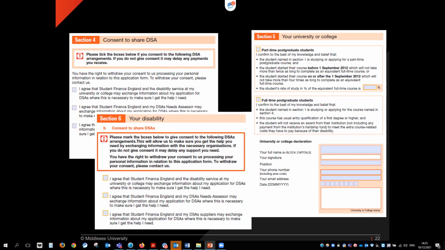They'll get confused, because the process is quite lengthy and confusing itself, but we wouldn't be able to help them much. DSA would not give us any information on the student's application and where in the process they are. So we would always advise, if you are helping students apply for DSA, ask them to give permission so the information can be shared with the needs assessor and the university's disability team.